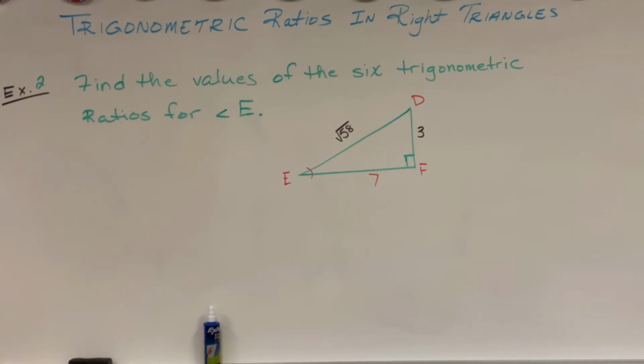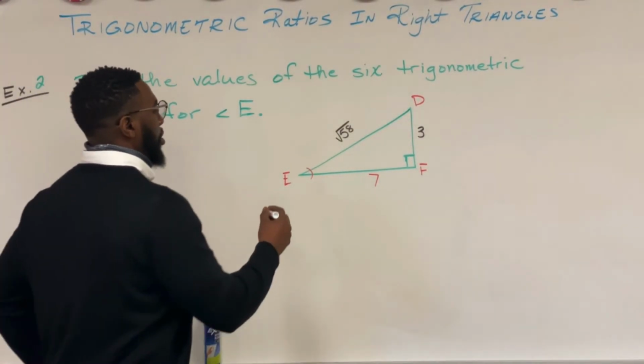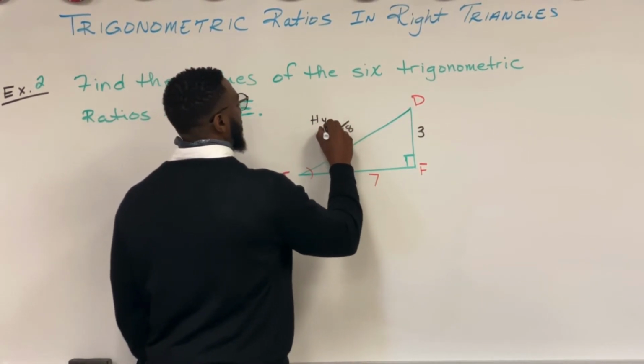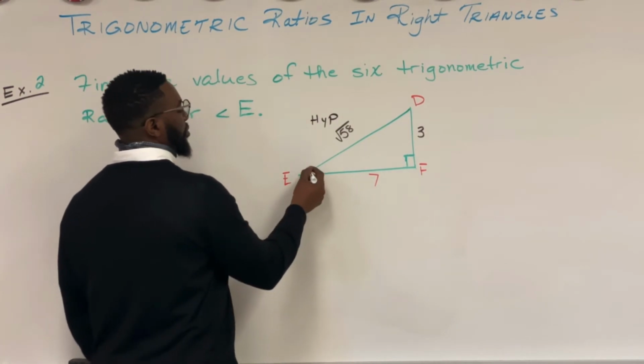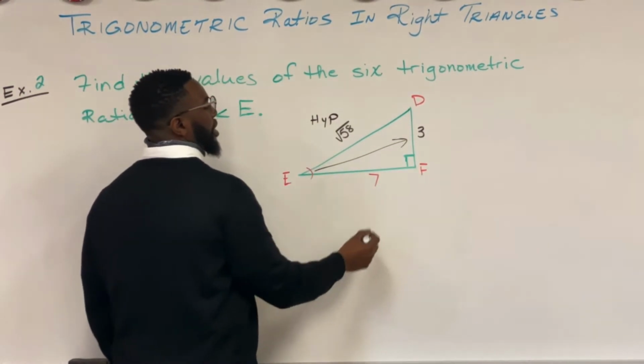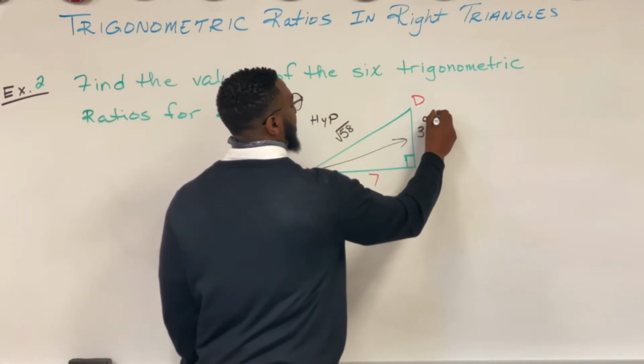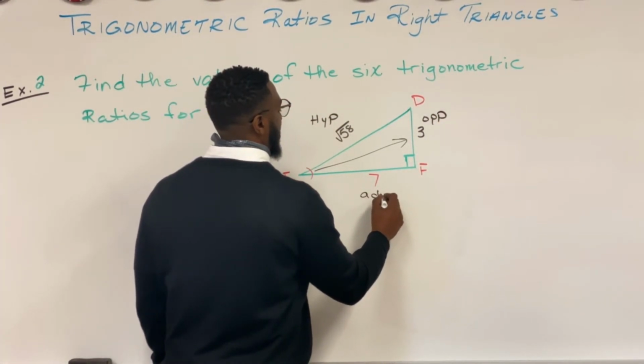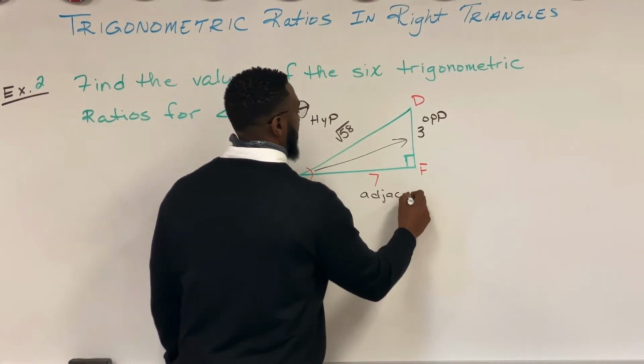Next, we identify the components of this right triangle. We know that this is the hypotenuse. Since we're dealing with angle E, 3 is the opposite, and 7 is adjacent.